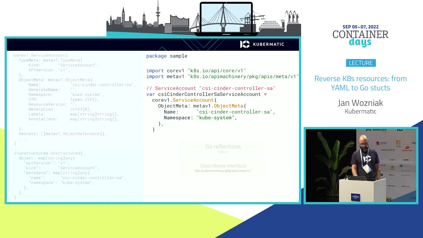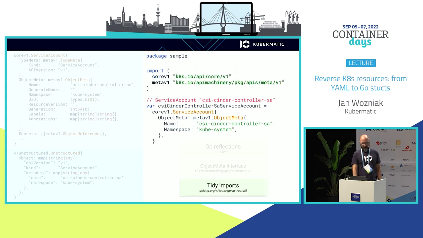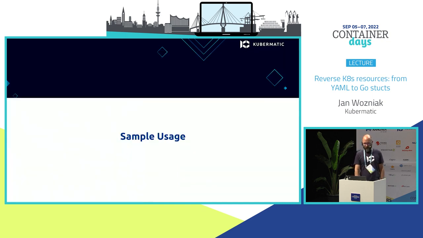And that is where we can actually terminate, because the unstructured tells us there is nothing more to investigate. And one noteworthy package that I use from AST utils, it's for tidying up the imports, so the Go code looks a little bit more idiomatic Go. And voila, that is it. That's how you essentially get to convert YAMLs into Go.